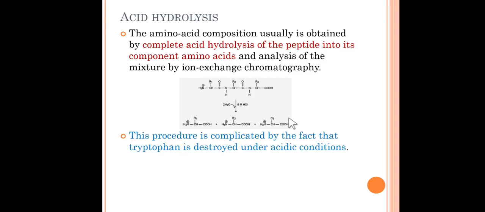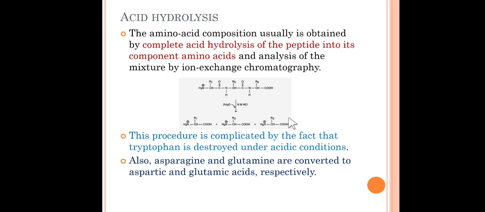But friends, this method has limitations, or I will say this procedure is a bit complicated, because tryptophan is destroyed under acidic conditions. So if we have tryptophan, there will be a total mess because it is going to be destroyed or decomposed in the acidic condition. Secondly, asparagine and glutamine are converted into aspartic and glutamic acid respectively.